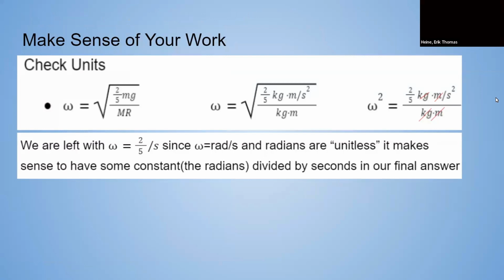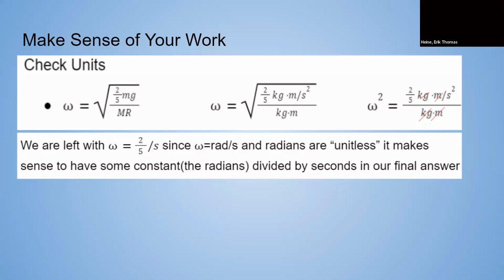Next, we just have to make sure all the units check out. We're going to square everything to get rid of the square root, and then make sure that our kilograms cancel, which they do, and our meters cancel. Then we're left with a constant over seconds squared equal to omega squared. Keep in mind that the units for angular velocity or angular speed are radians over seconds, and radians is unitless.